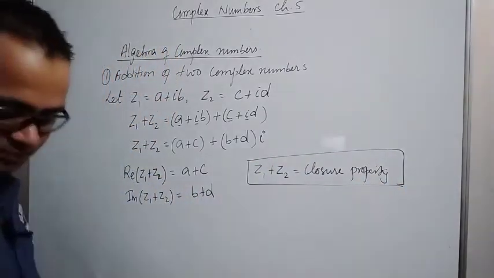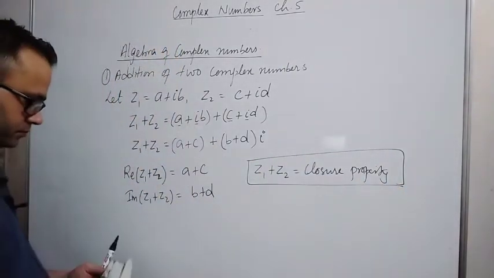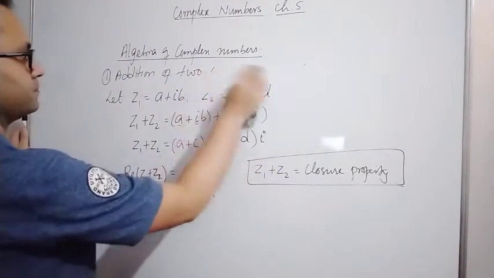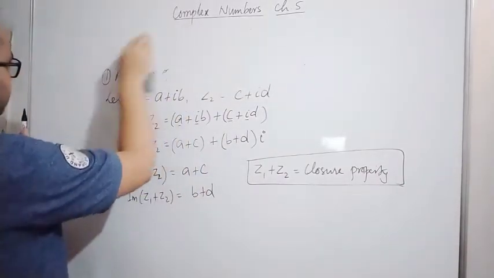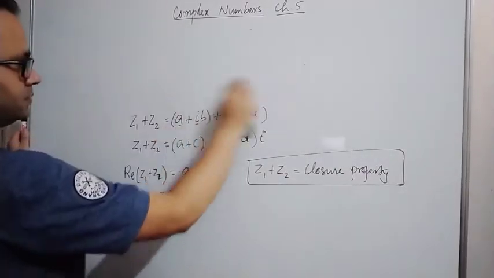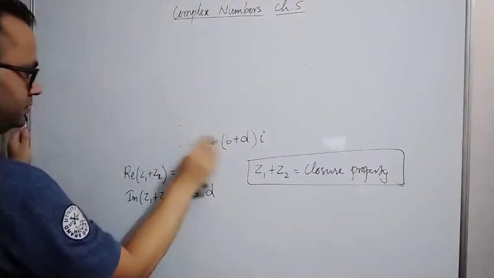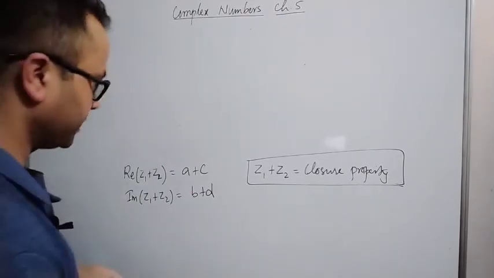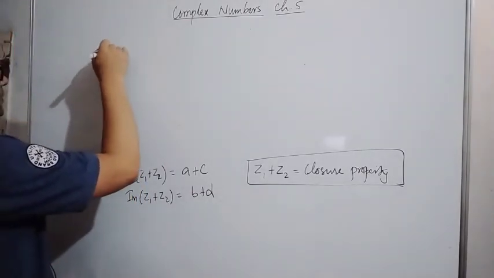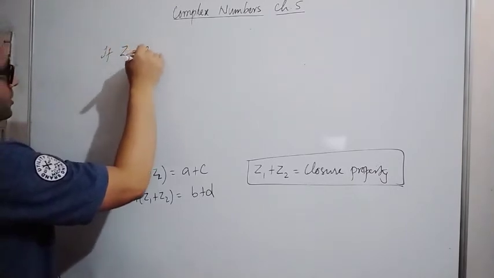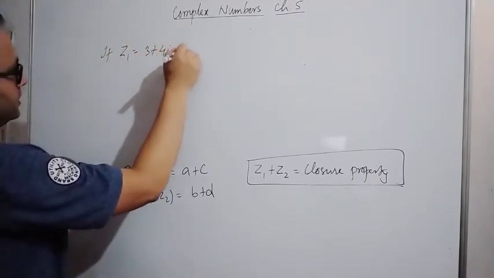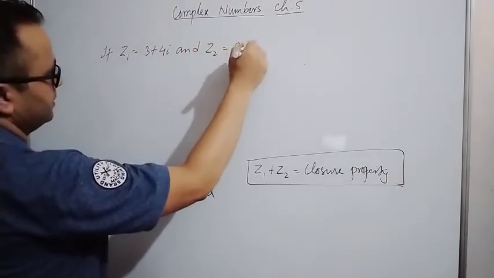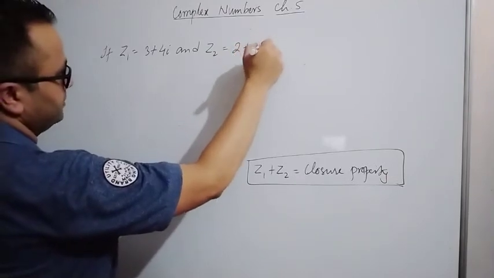Now let us take one example. Addition of two complex numbers is a complex number. Suppose z1 equals 3 plus 4i and z2 equals 2 plus 3i.